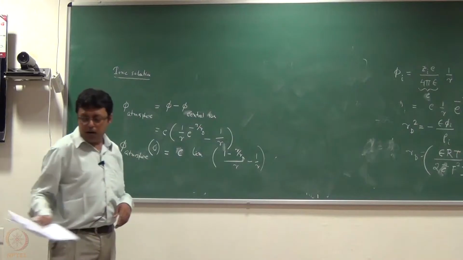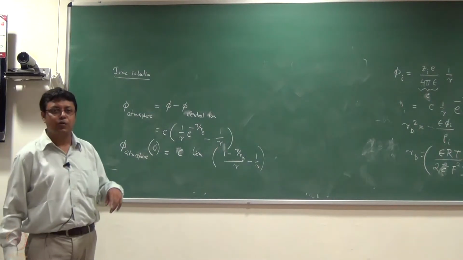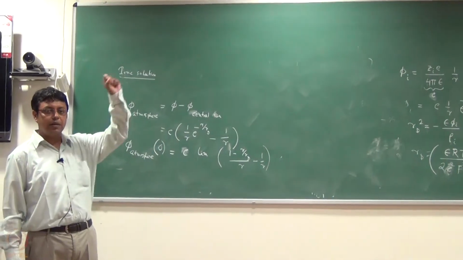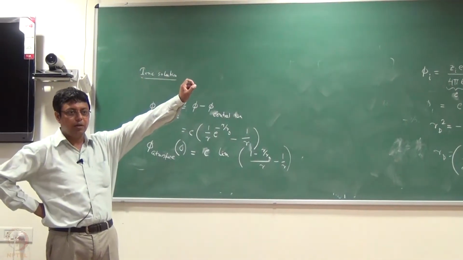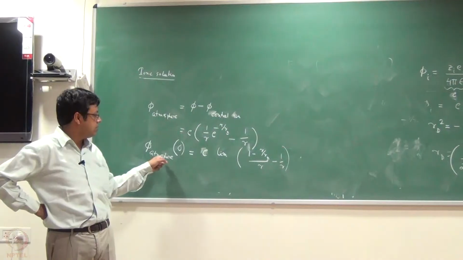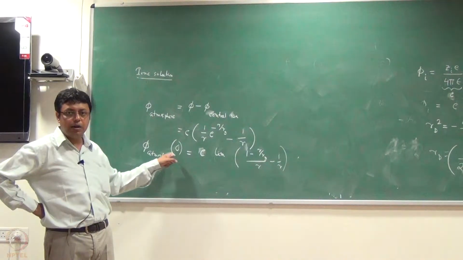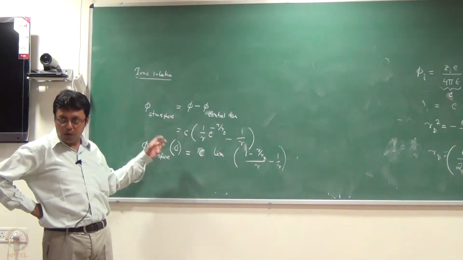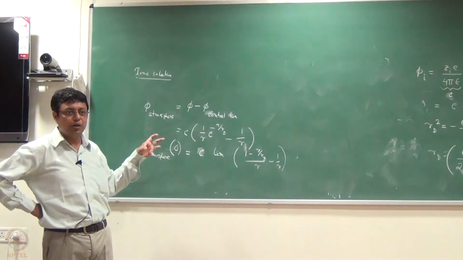Now how do you define a potential? What I am saying here is that I am talking about a difference in an ionic atmosphere when I am close to the origin.